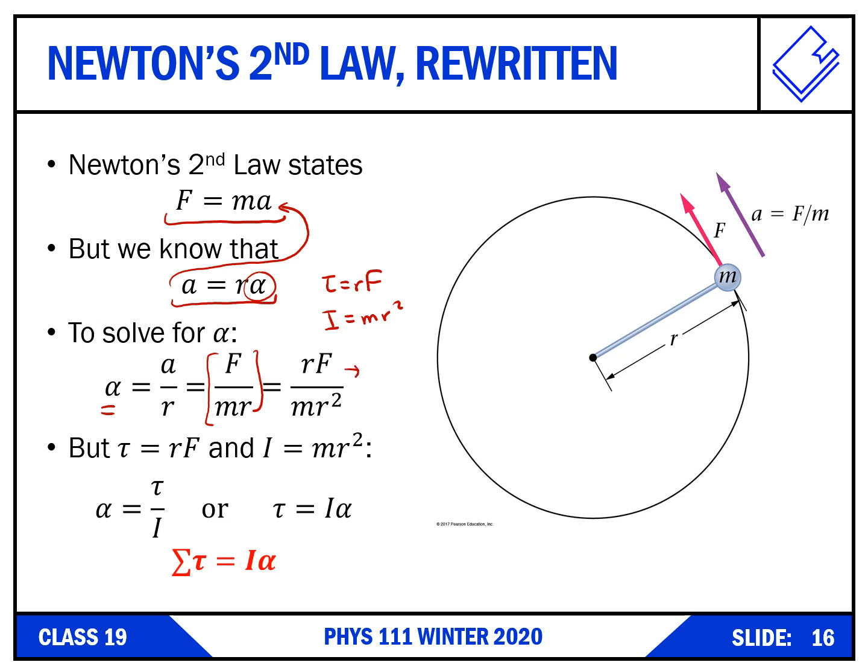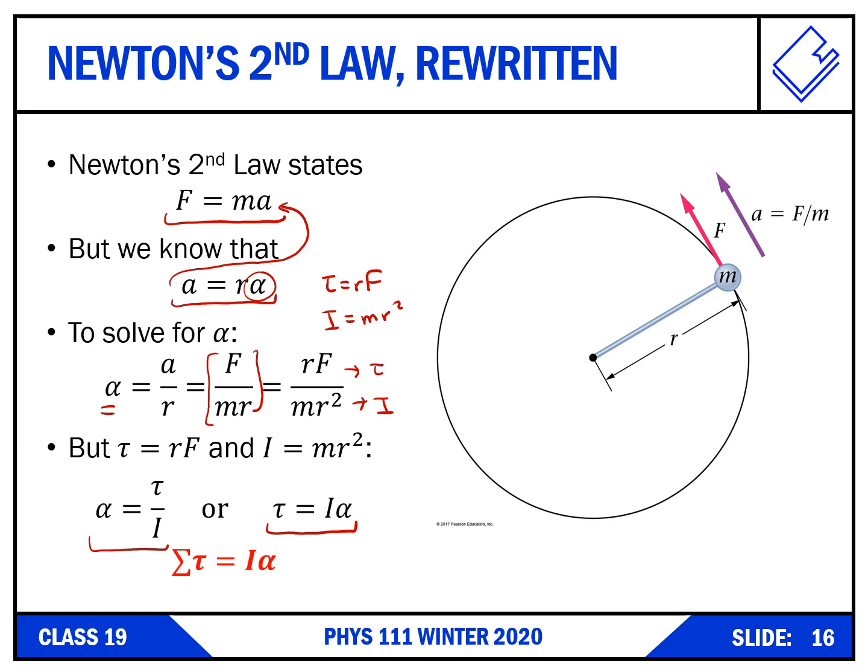Then we can convert this to tau for torque, and this to I for moment of inertia. So then we can rewrite angular acceleration as torque over the moment of inertia, or we have torque being equal to the moment of inertia times alpha.